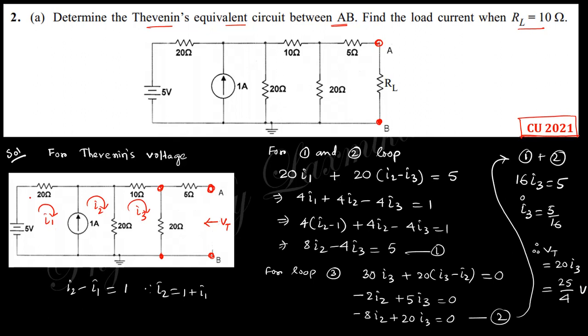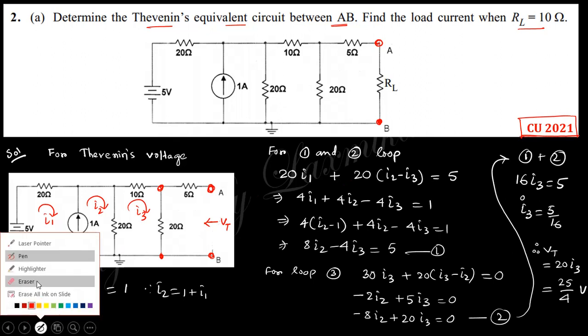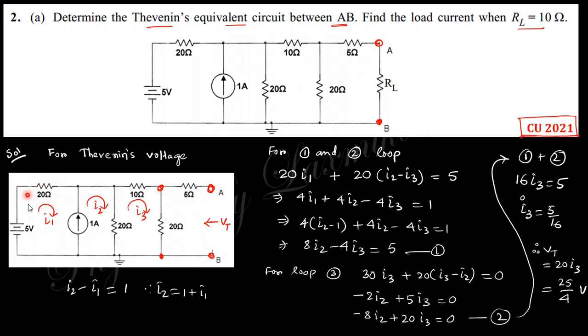Now, if you write down the equation, you can see that it is 20 ohm into I1, and 20 ohm into I2 minus I3, and this is 5. We take these loops 1 and 2, because if you take the other loop the current is problematic.